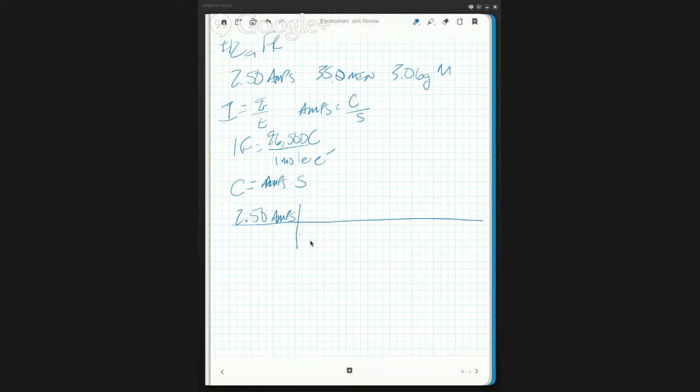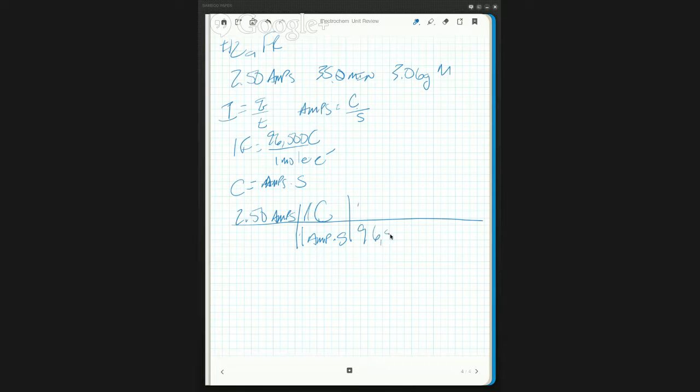If you have 2.50 amps, for every 1 amp second, you get 1 coulomb. So you can see how the units cancel. Remember, this is amps, coulombs, seconds. 1 amp second is 1 coulomb.